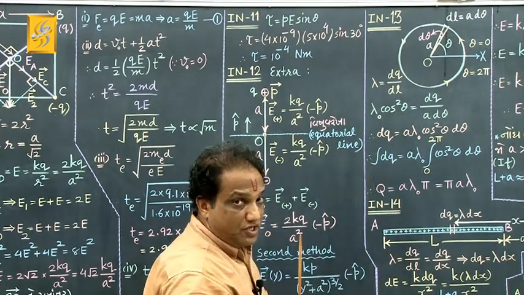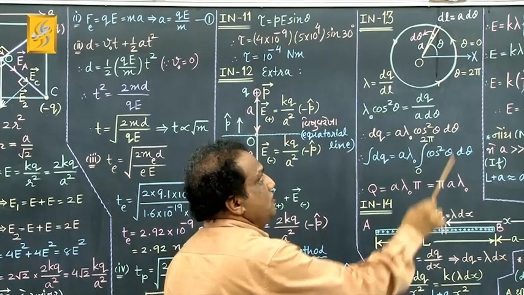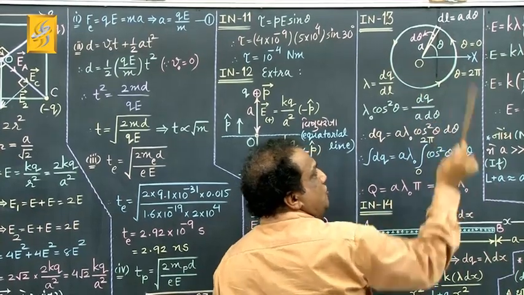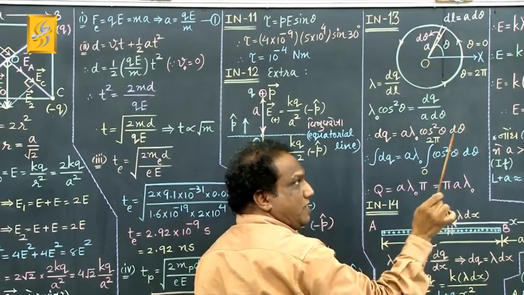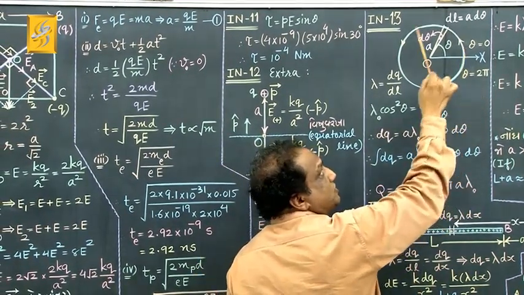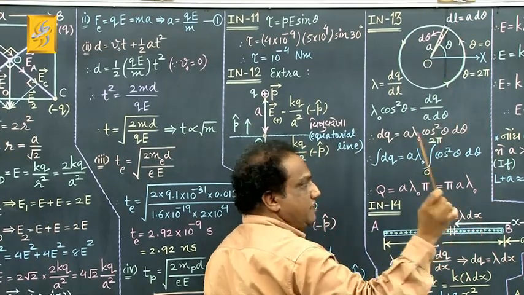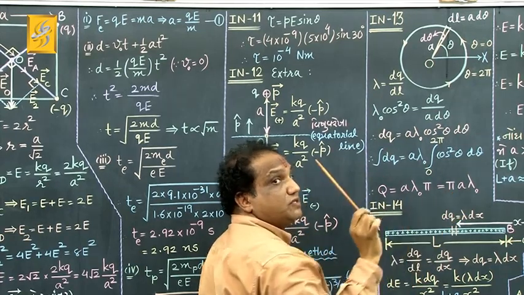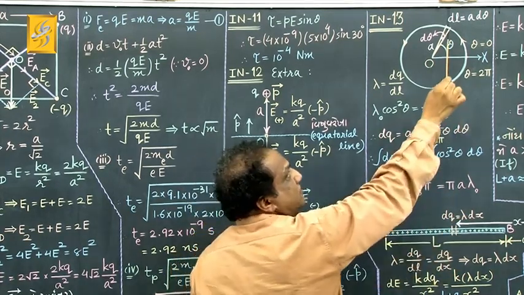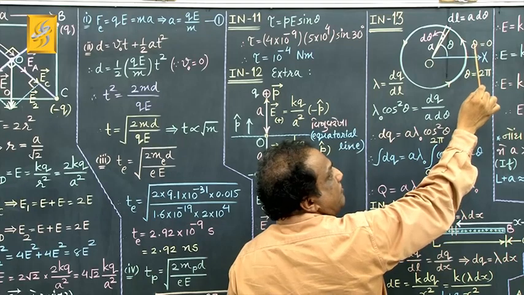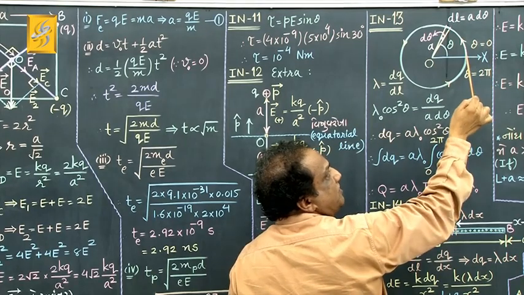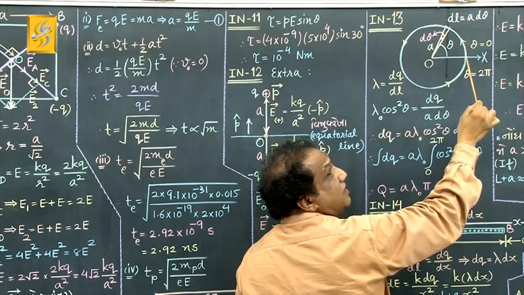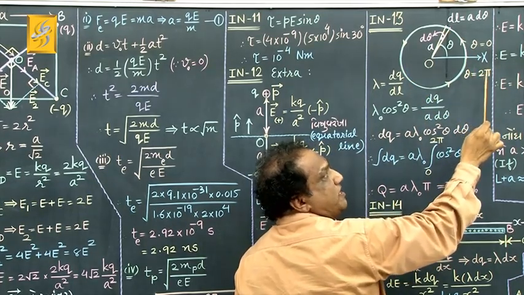But when you take integration, you must take care to include all these charge elements, so you should integrate this function right from the minimum value of the variable to the maximum value. When you take this length element over here, the minimum value of theta is 0, and when you shift it continuously on this circle and bring it here, the maximum value of theta is 2 pi radian.